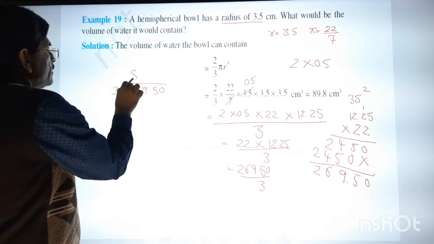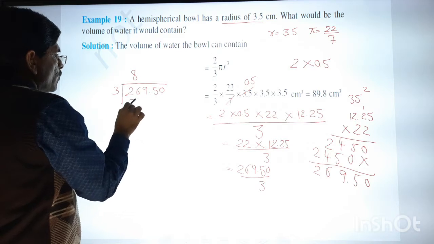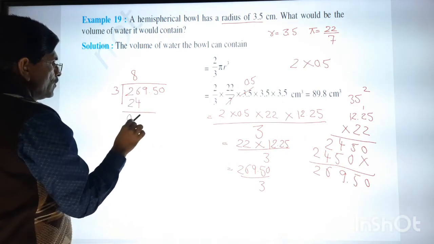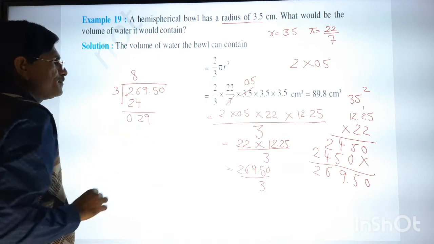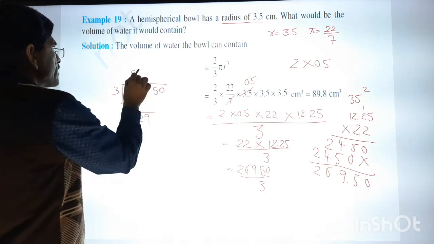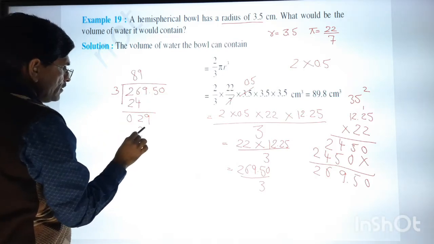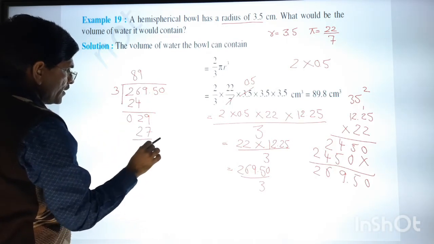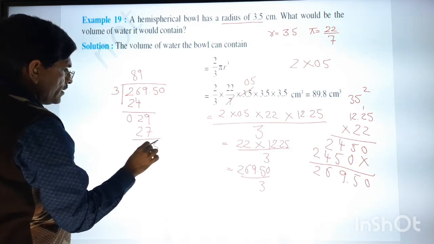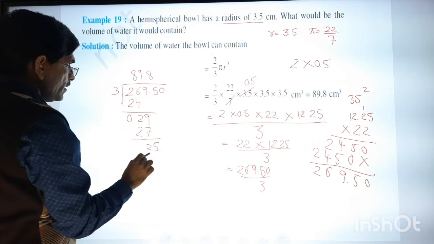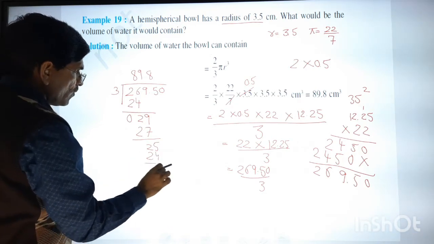3 8s are 24. Here it is 0, 2, 9. 3 9s are 27. Remaining is 2. Again 5. 3 8s are 24.